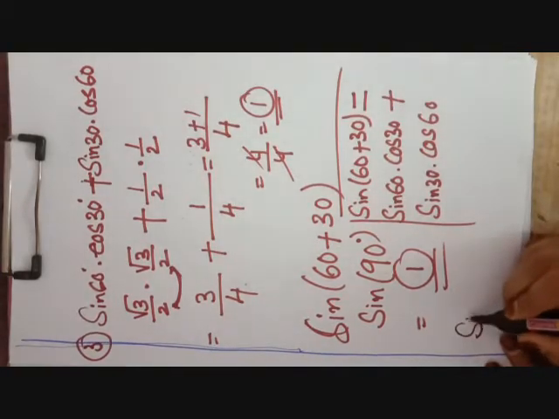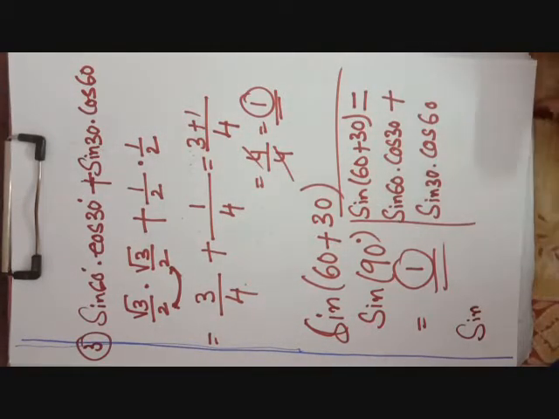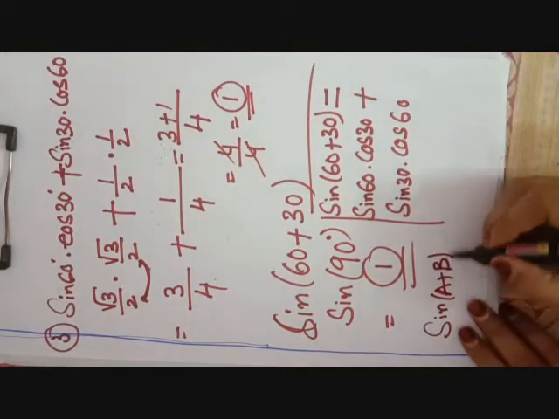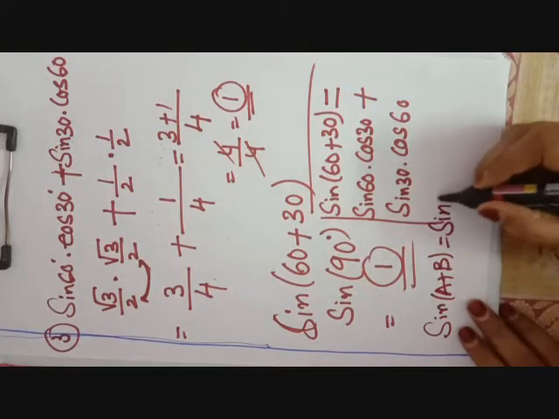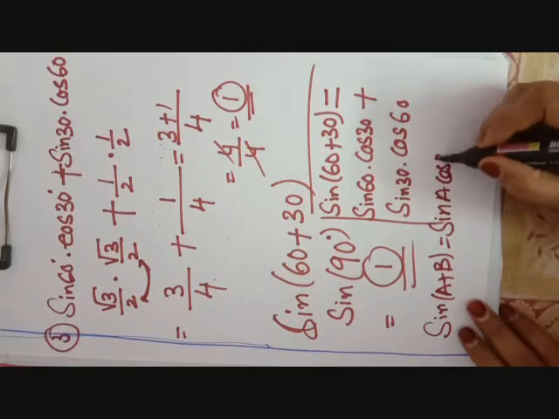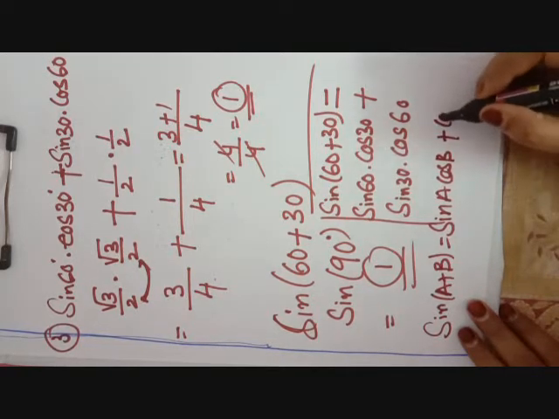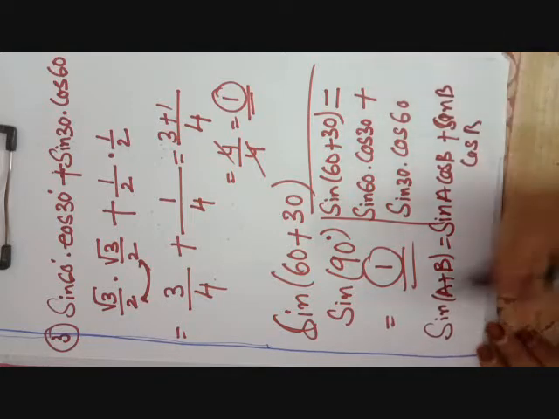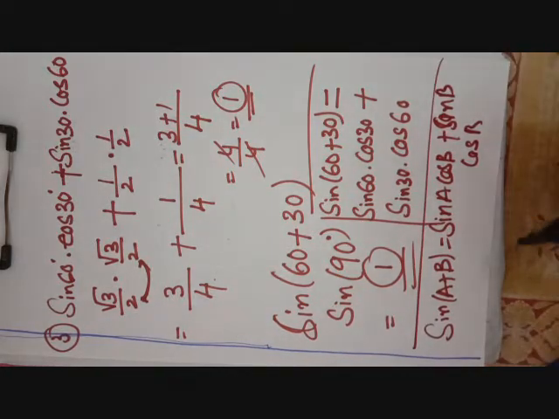That is sine A plus B is equal to sine A cos B plus cos A sine B. So it's a formula in intermediate. You need not worry about this formula. It's there in the intermediate just for additional knowledge.